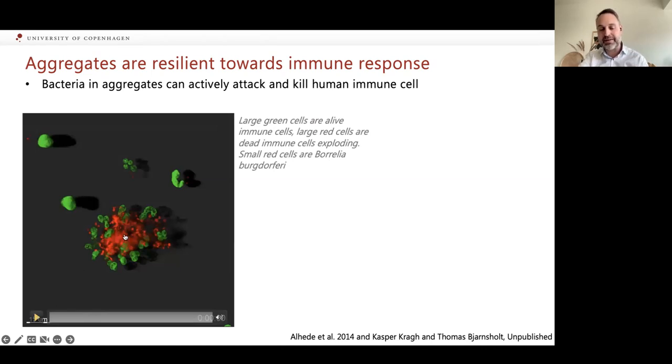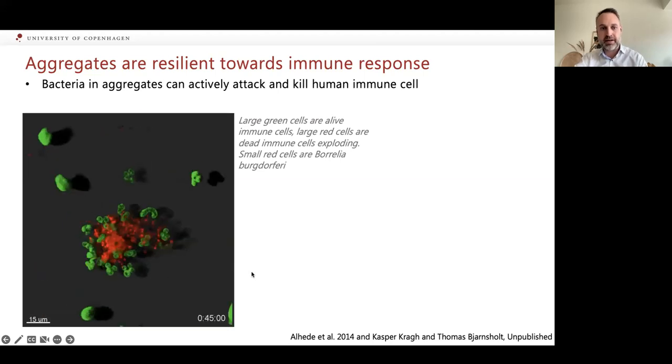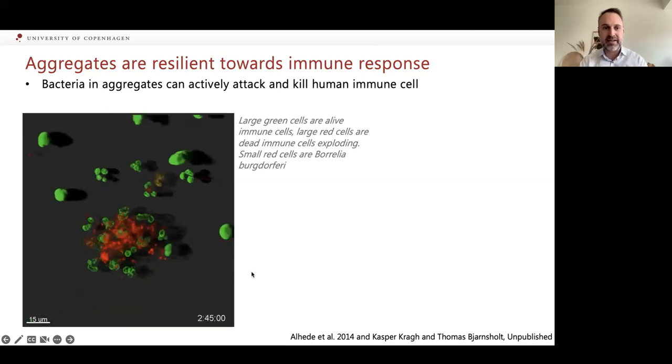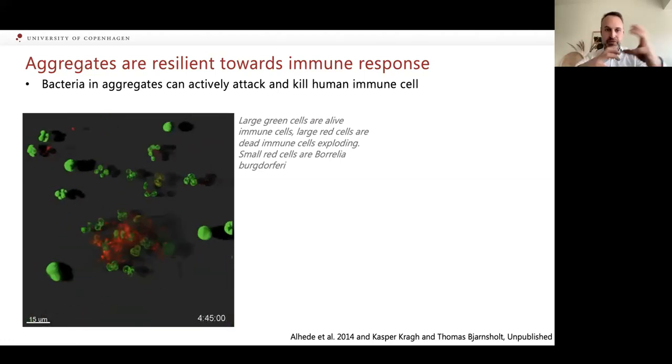This red part here is a Borrelia aggregate, Borrelia burgdorferi, and all the green here are human immune cells that are trying to attack the aggregate. This is in a live-dead stained liquid, so if you're dying, you produce a red color. So you can see all these happy green immune cells attacking the biofilm and really continuing.